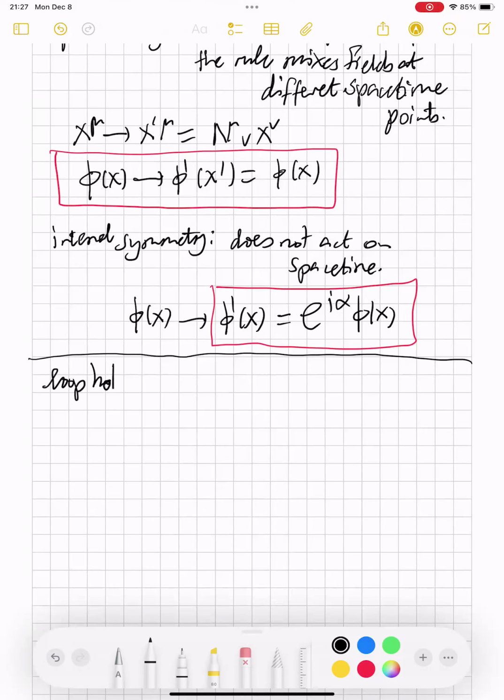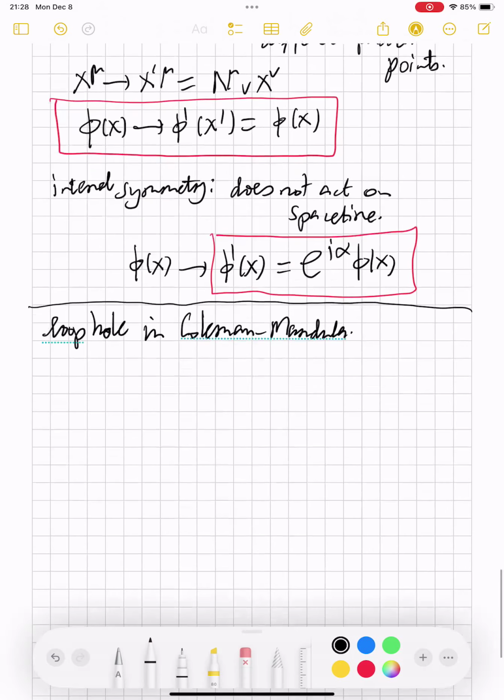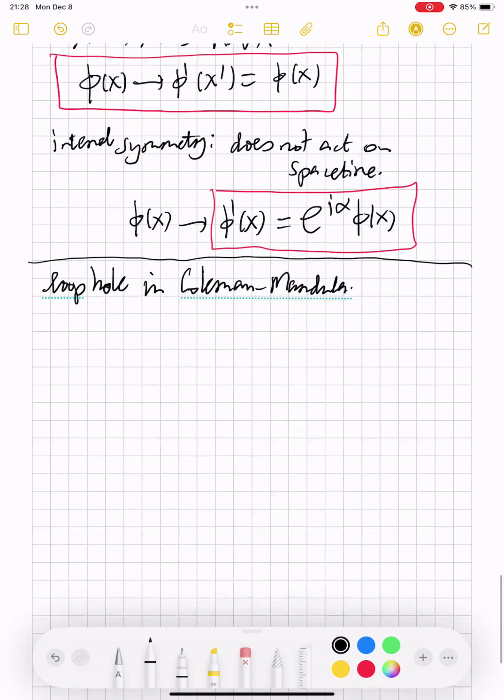So you can get around it. Now, this is a theorem, so the only way that there could be a loophole is if one of the assumptions that you made when you proved the theorem was wrong. And in fact, one of the assumptions was too strong, it can be weakened.